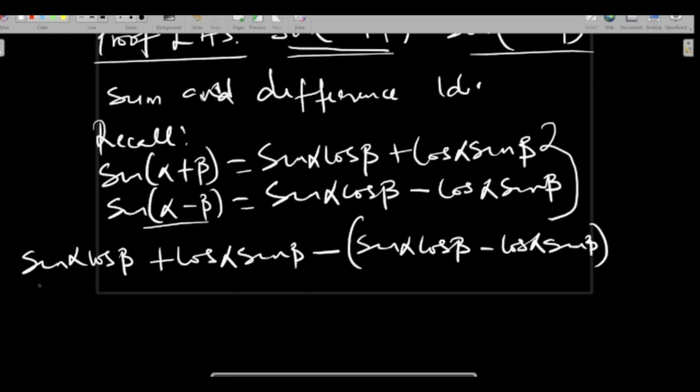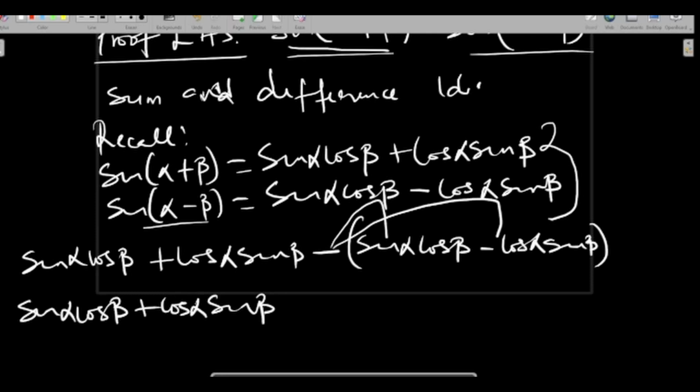Now let's simplify. On the left, we have sine alpha cos beta plus cos alpha sine beta. I'm now going to distribute the negative across the first term and the second term. That's how to do it. So negative multiplied by sine alpha cos beta will give you minus sine alpha cos beta.